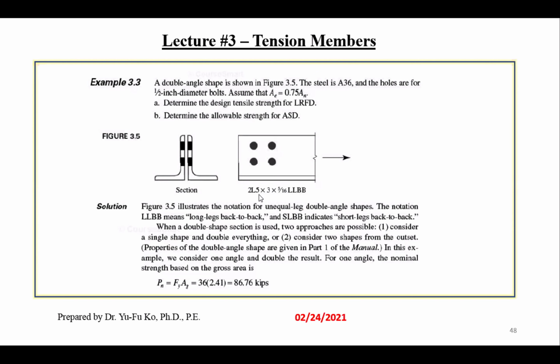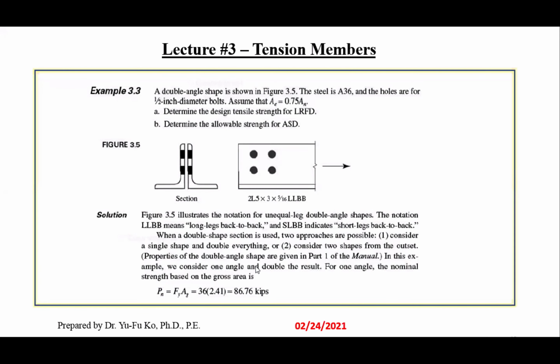So this double angle 5 by 3 by 5/16, long leg back to back. Meaning this is 5 and this is 3, and thickness of the angle is 5/16. So this member is under tension load.